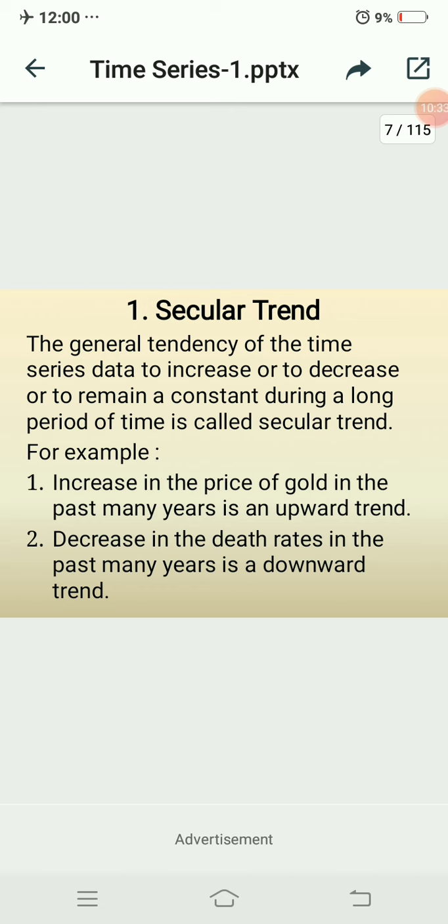Okay, because people are using more gold, and automatically the demand is more, so the price will automatically increase. Okay, it gives more profit to the gold shop owners. Whatever, gold is always in the upward trend and it is constant.